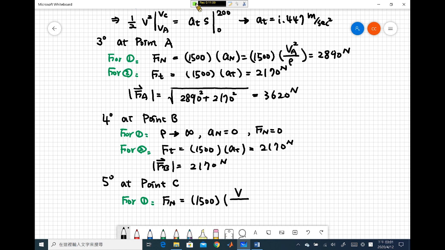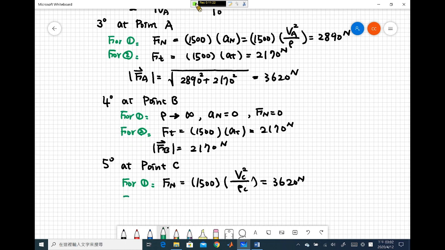An will be equal to your Vc squared divided by rho C. And you know the velocity and the radius, so you should be able to obtain this Fn 3620 Newton. For Ft, because your At is constant, this Ft will be equal to the one at point A. So it's 2170 Newton.